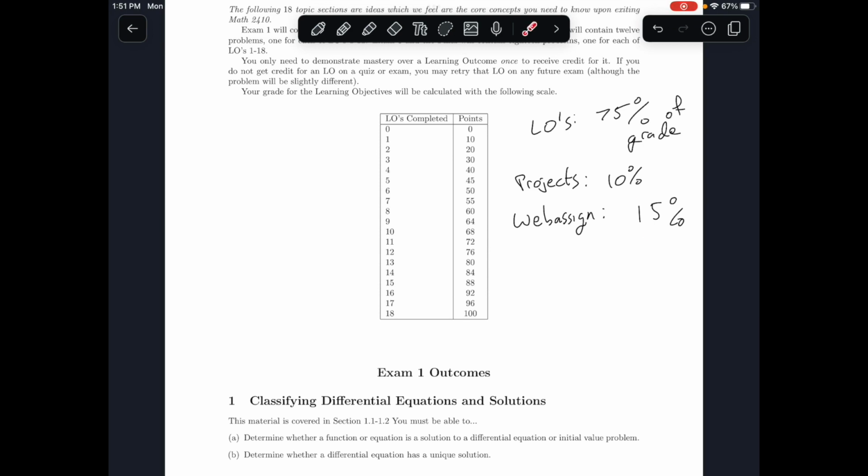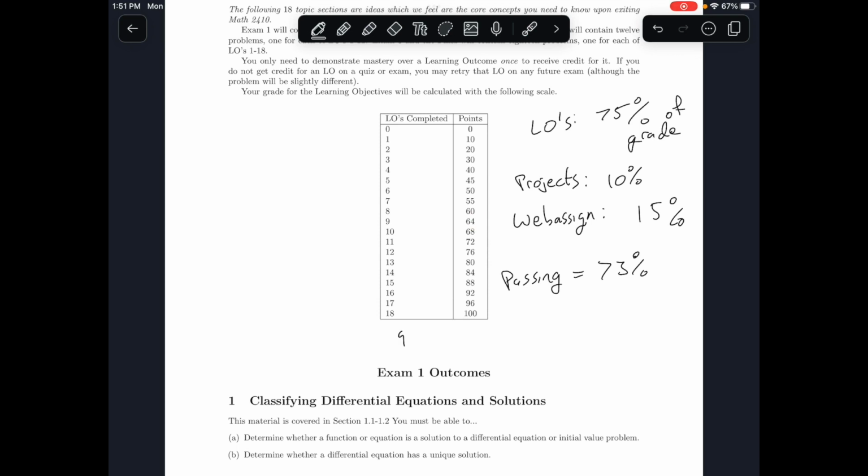I think that's the correct order, but regardless, those two make up 25% of your grade, and the LOs make up 75%. So if you are going for a passing grade, you need a 73%, or a 72.5, or round up or something like that. And so the minimum number of learning outcomes that you need to get there, I believe, would be a 9.